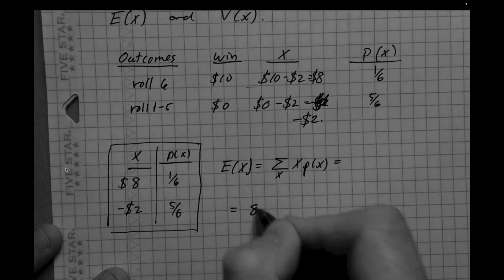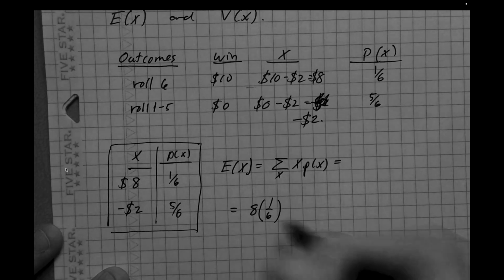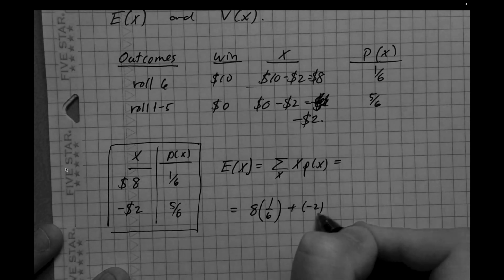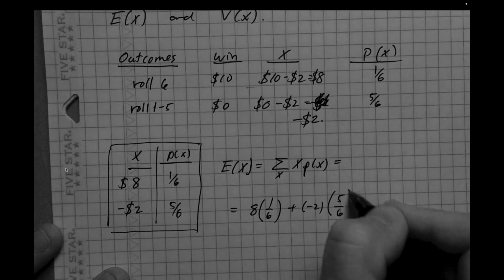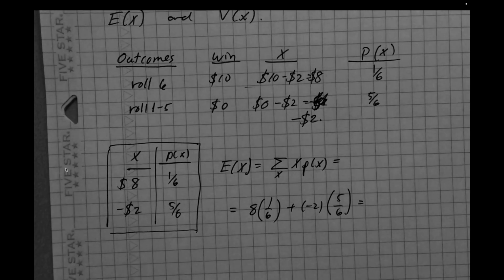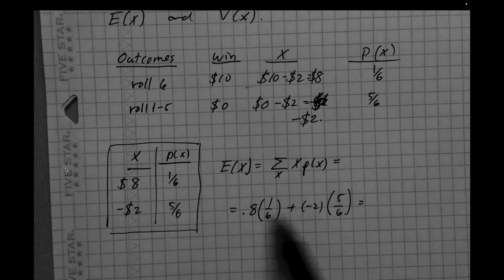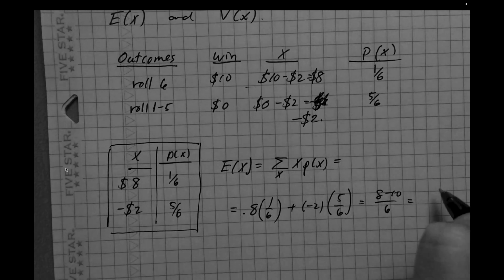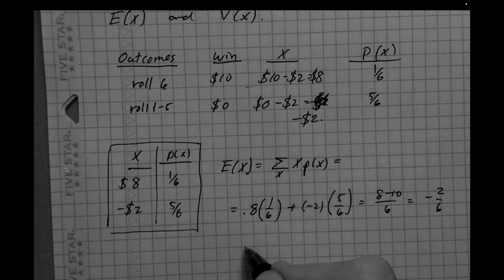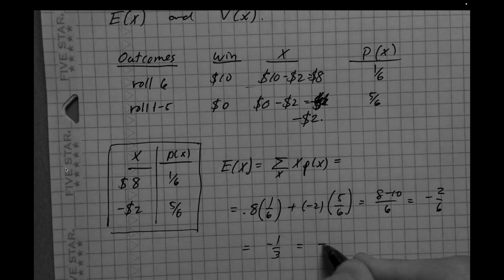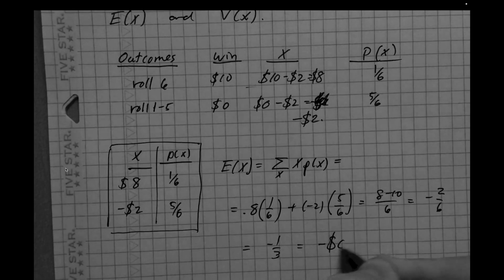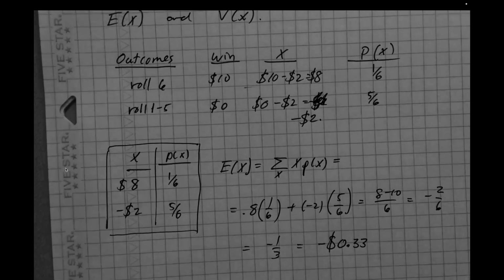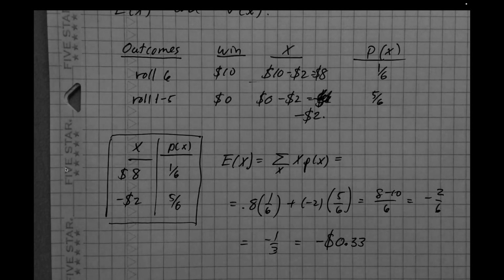That's $8 times a 1/6 chance plus negative $2 times a 5/6 chance. So this is 8 minus 10 over 6, and so negative 2 over 6. This is negative 1/3, which is about negative 0.33, so about 33 cents per play.